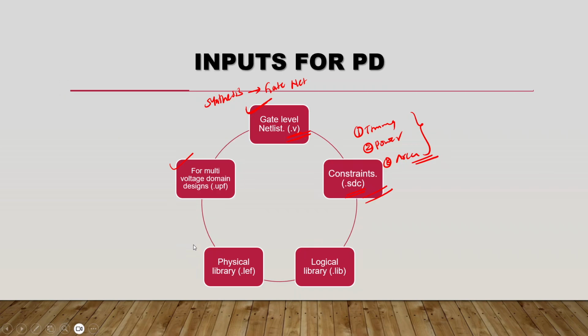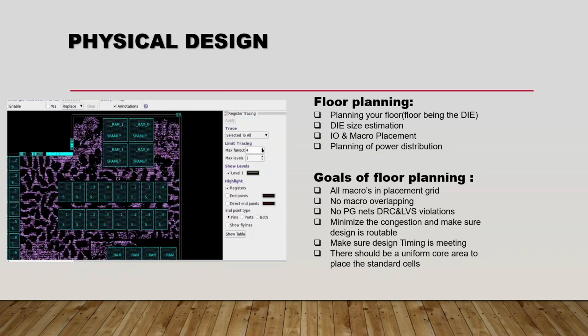Actually, in order to go into this physical design course, for the first 2 or 3 months we will brush up your concepts. First we will teach digital design. Digital means number systems, Boolean algebra, combinational and sequential circuits, and FSM.